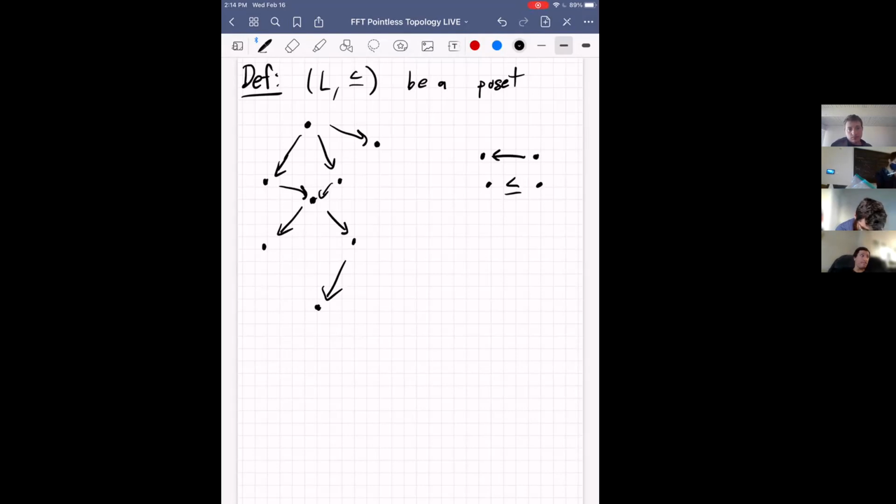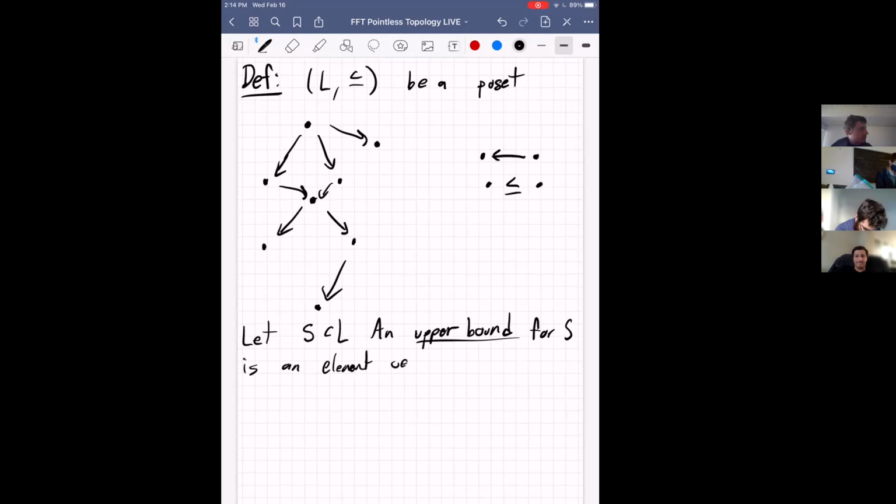And so this whole time we're going to be operating in the poset area. What we're going to do is, if I have a subset S of L, I want to declare that an upper bound for S is an element U in L such that S is less than or equal to U for all s in S. So let me do a quick example.